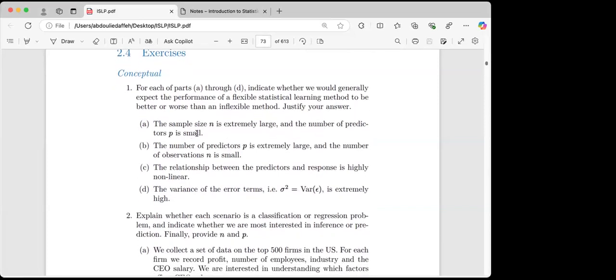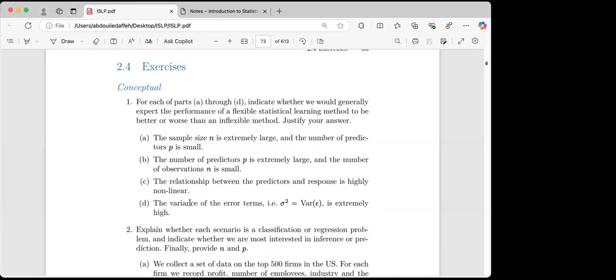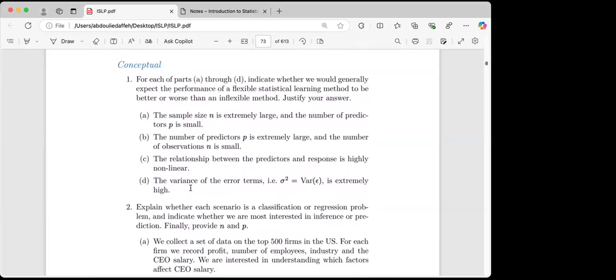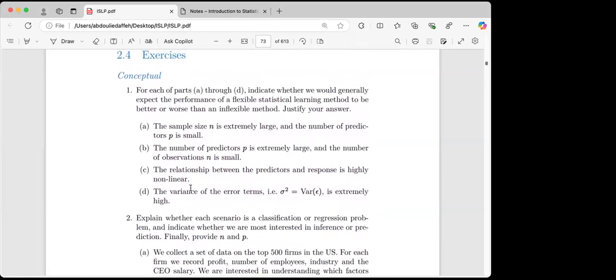So in cases where the sample size n is extremely large and the number of predictors p is small, what do we think a flexible model is going to do? Yeah, I think a flexible model should do quite well. But what do you guys think?